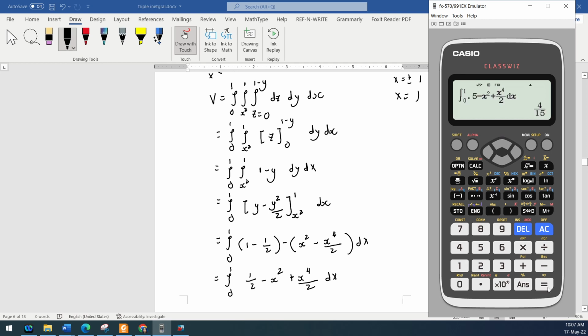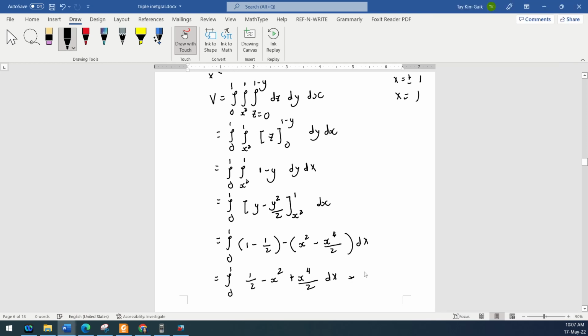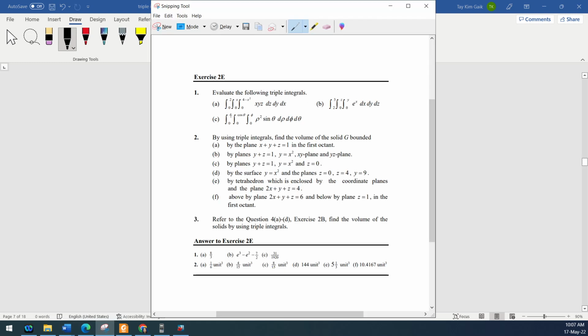So the answer is 4 over 15. Four over 15 unit cube. That's question 2b.